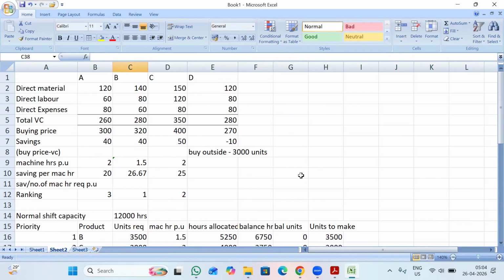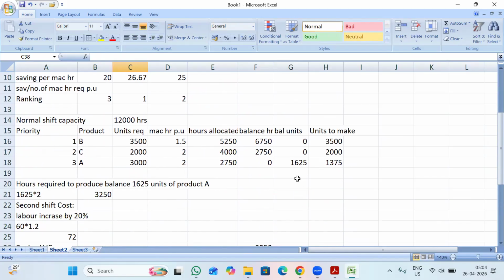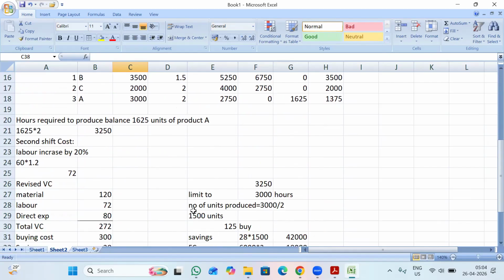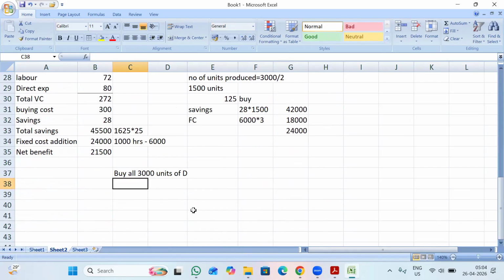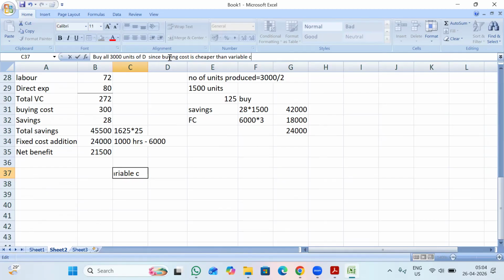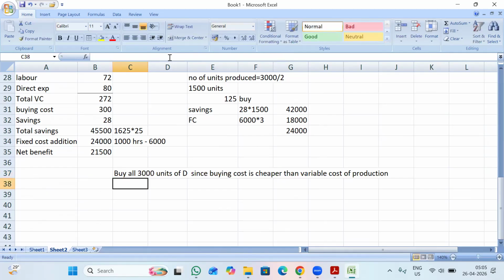All the units of D should be bought outside, since the buying cost is cheaper than the variable cost of production. So this is relating to D.